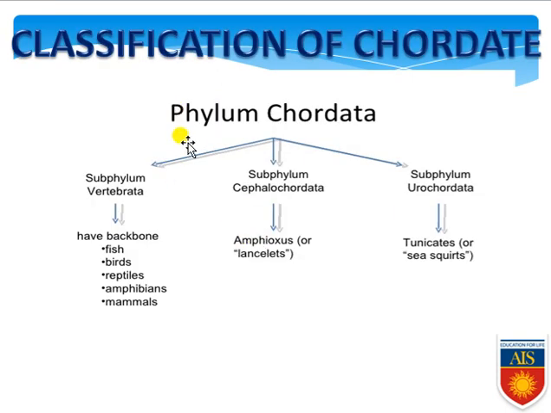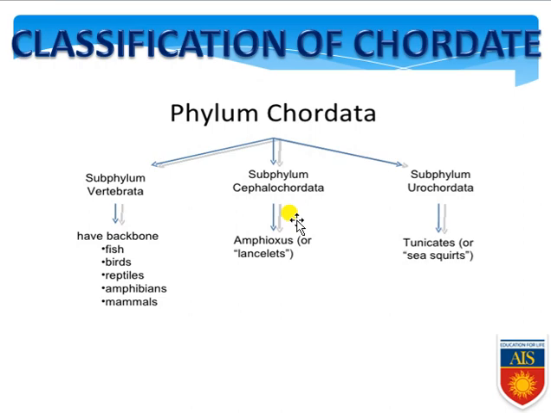Now we will be discussing the classification of chordates. If you see the classification of the chordates, first of all it is subdivided into 3 subphyla. First, subphylum Urochordata, then subphylum Cephalochordata, and the third one, subphylum Vertebrata. So Urochordate, Cephalochordate and Vertebrate are the different subphyla under the phylum Chordata.